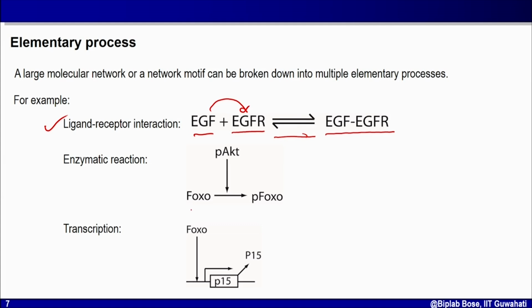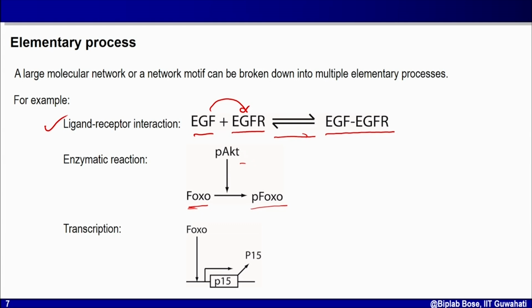For example, if you remember the old example that we gave at the very beginning, FOXO becomes phosphorylated by PAKT. So PAKT is the enzyme, a kinase, activated phosphorylated AKT, and it works on the substrate FOXO and phosphorylates it. So this is a unit elementary process.